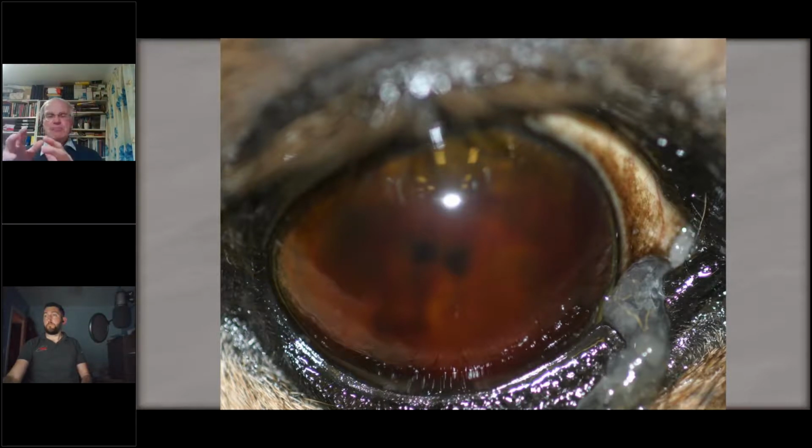And as soon as that happens, then of course now we've got plasma, we've got cells, we get the aqueous flare, we get all those other things which are associated with uveitis. So the pressure will always drop in cases of acute uveitis, in every case. If you start getting high intraocular pressure, it means that the horse has glaucoma. Glaucoma is not the high pressure.